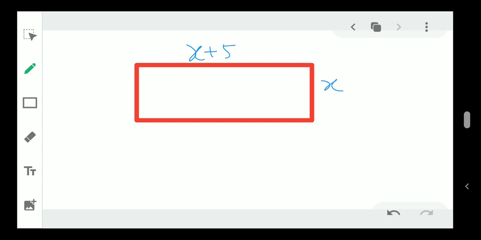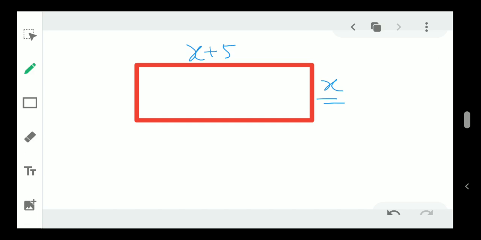In the question it will be told that the length is 5 more than the width. So if I take width as x, the length will be x plus 5.